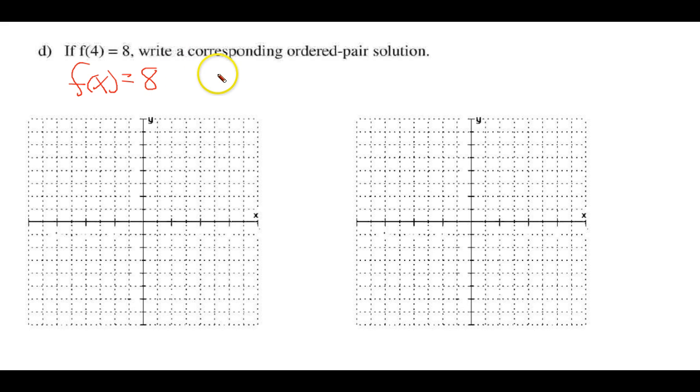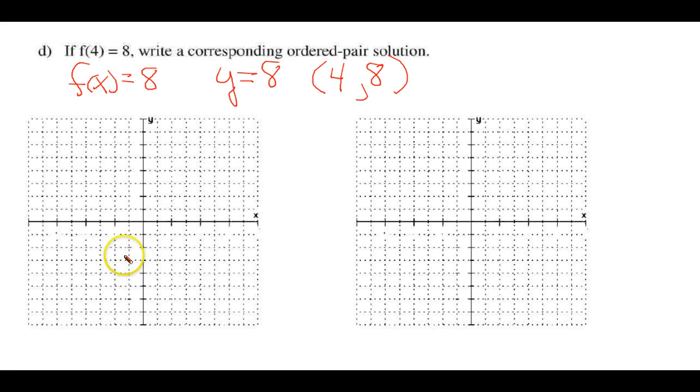Well, remember we said we could write this as y, replacing the f of x with a y. Y is 8. So now they want us to put this into an ordered pair. Well, our y value we know is 8. What would our x value be? Again, looking here, it's going to be 4.